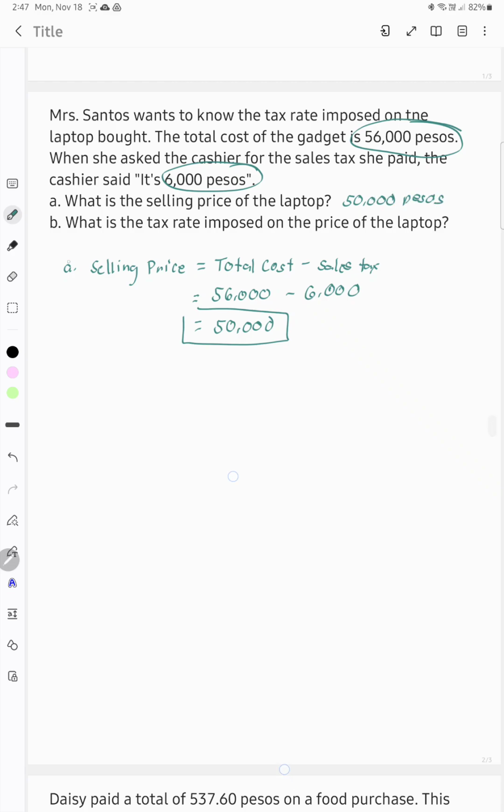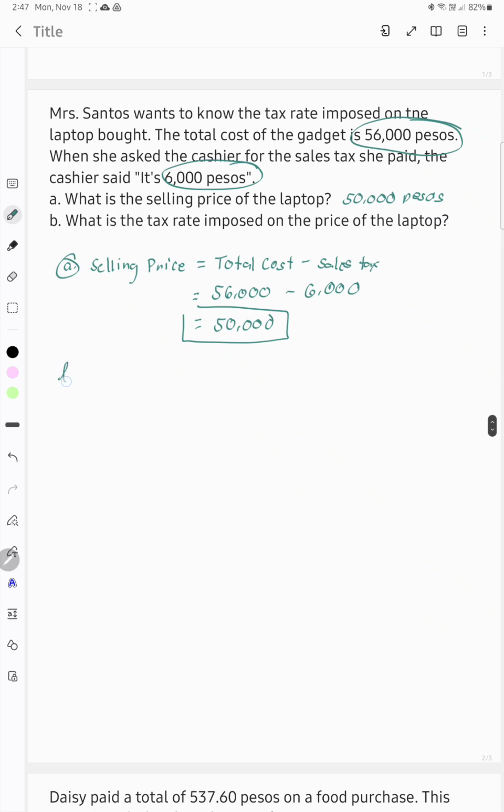Now, another challenge is, what is the tax rate imposed on the price of the laptop? We have the selling price and the sales tax, so the tax rate would be equal to the sales tax divided by the selling price.